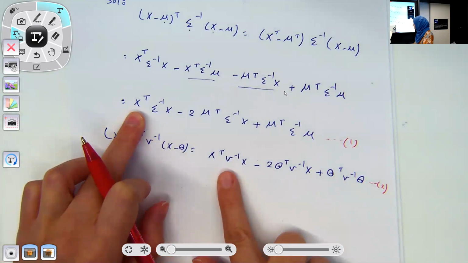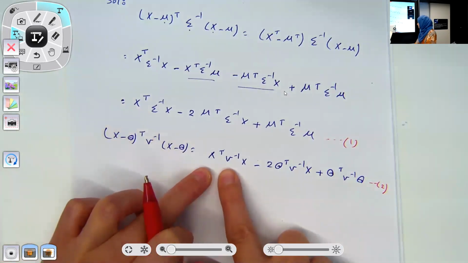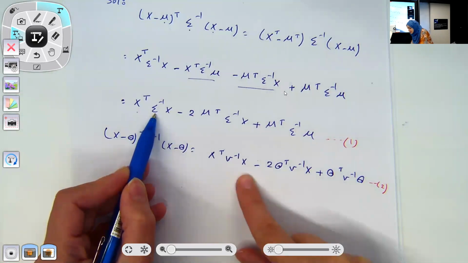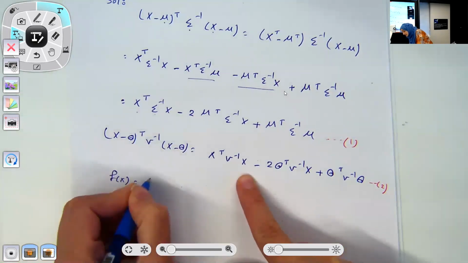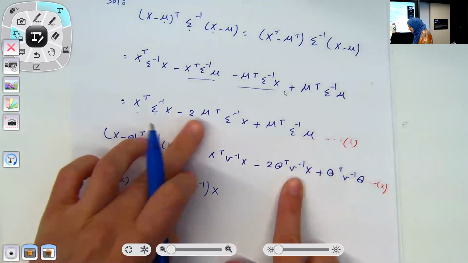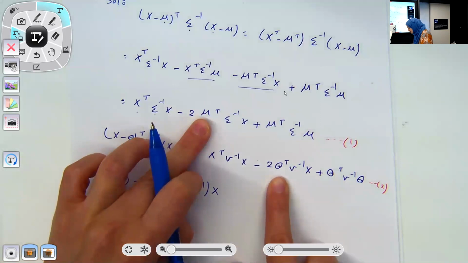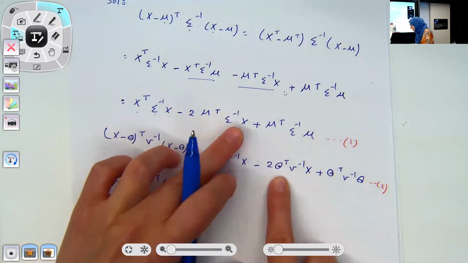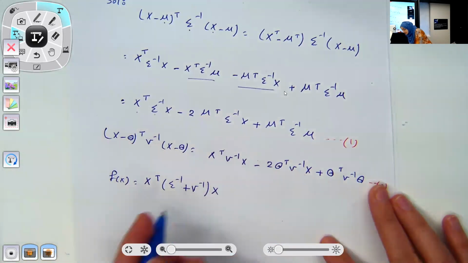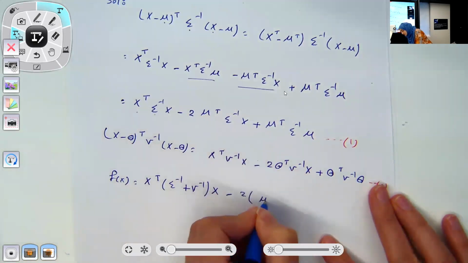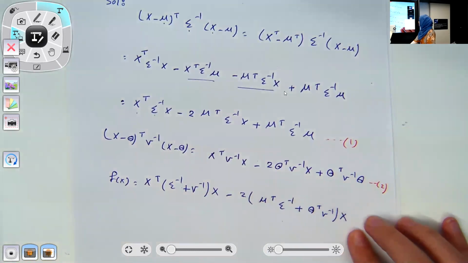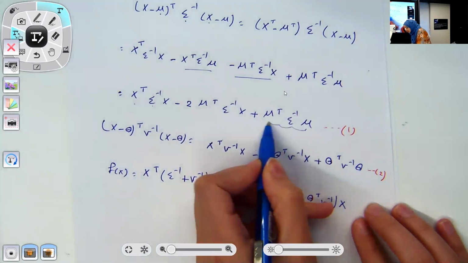Look here, we have X transpose sigma inverse X. Here we have X transpose V inverse X. We can write it as X transpose multiplied with sigma inverse plus V inverse times X. So f of X equals X transpose times sigma inverse plus V inverse times X. From here, the middle, also we have 2 multiplied with mu transpose times sigma inverse times X. Here we have 2 times theta transpose times V inverse times X. So we can write it as minus 2 multiplied with mu transpose sigma inverse plus theta transpose V inverse, and all of this multiplied with X, plus here we need to add this one plus this one.